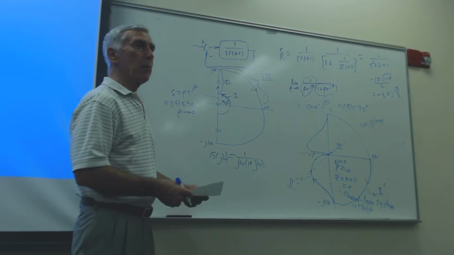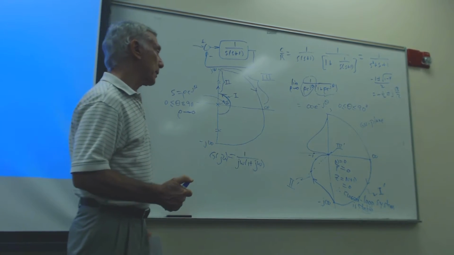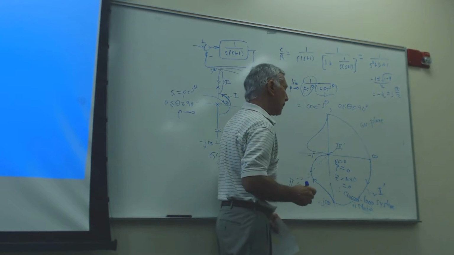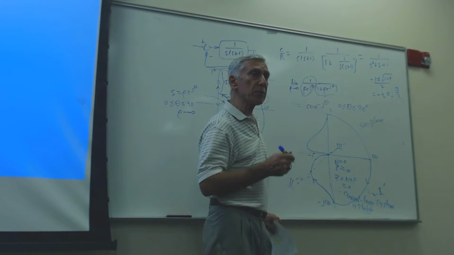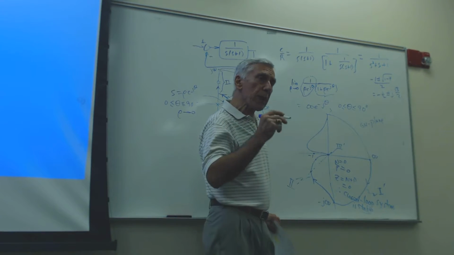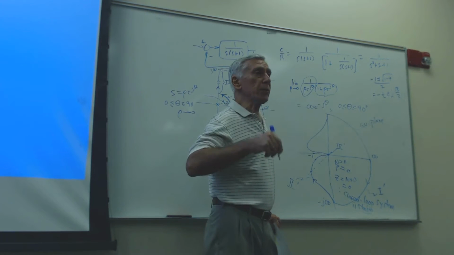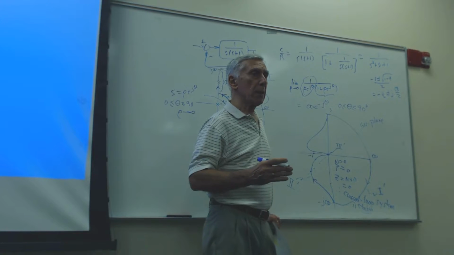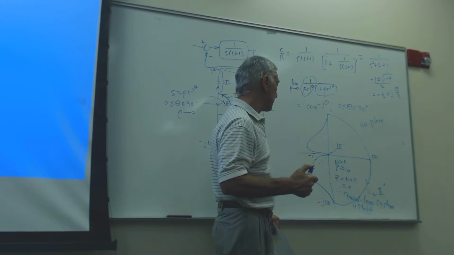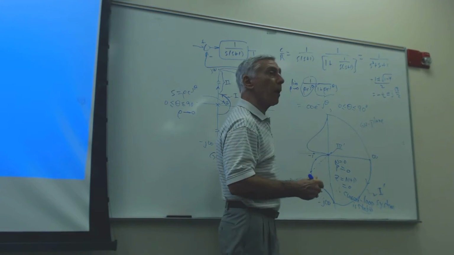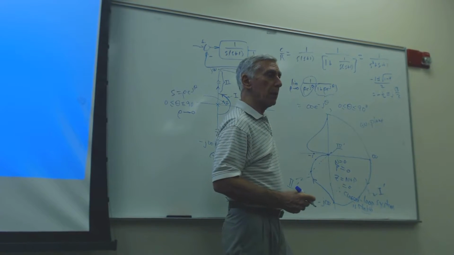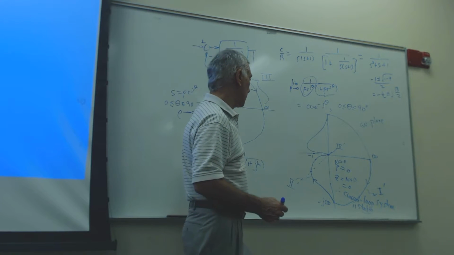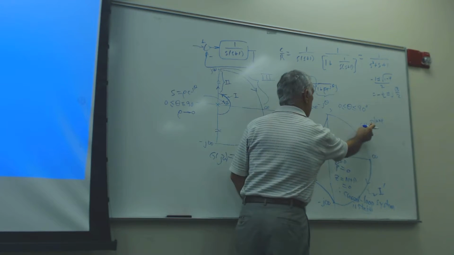Now, what we're going to find out is that if the Nyquist diagram passes through the -1 point, in general, the system is marginally stable. Okay, marginally stable. Why? Well, this is the GH plane.